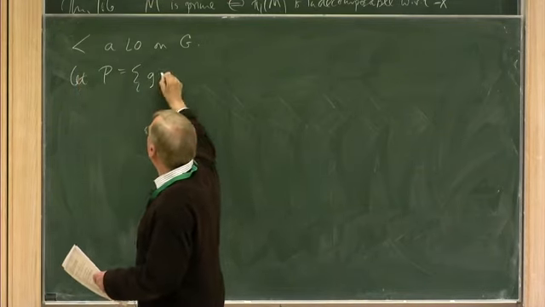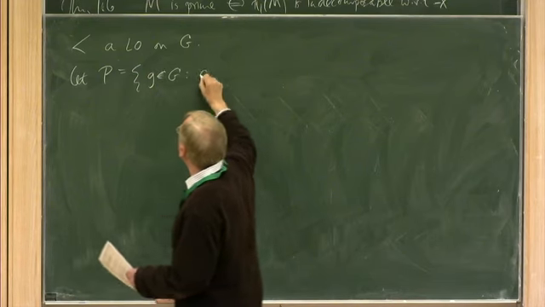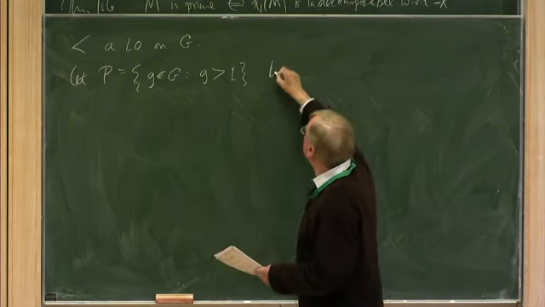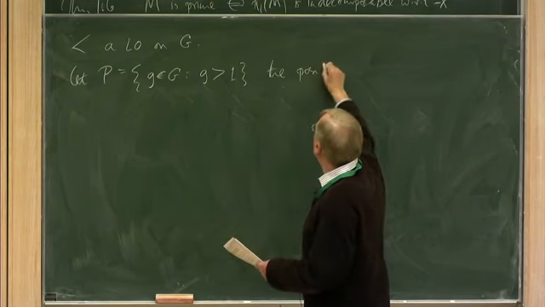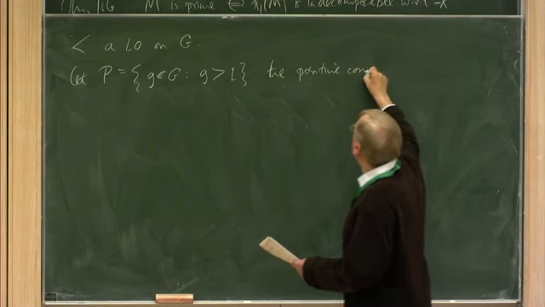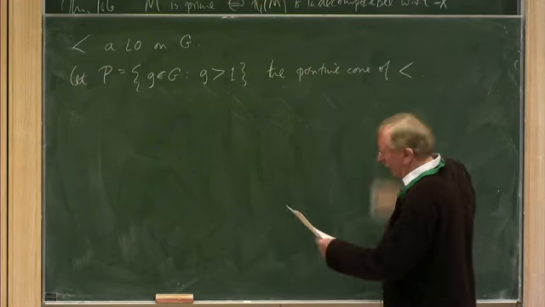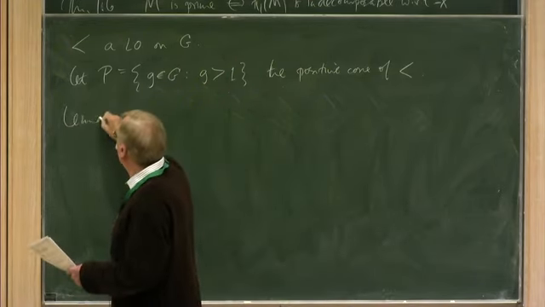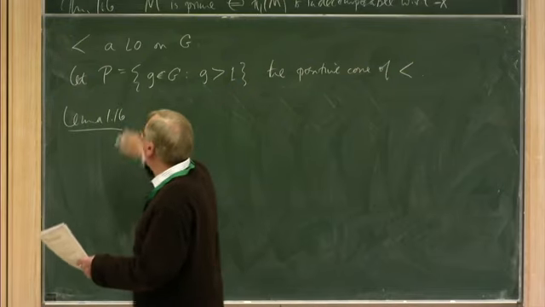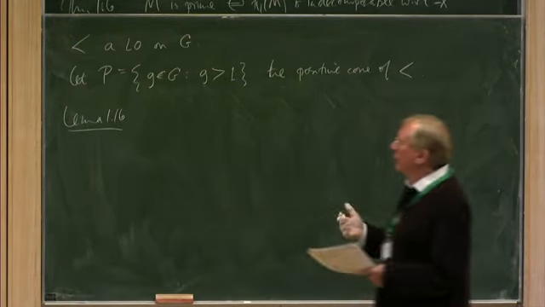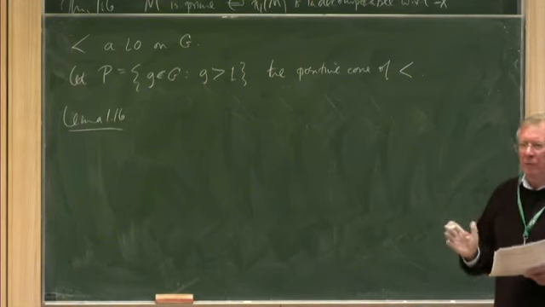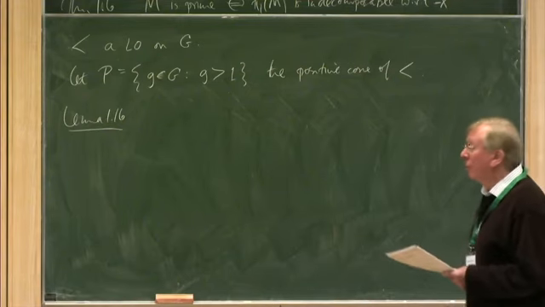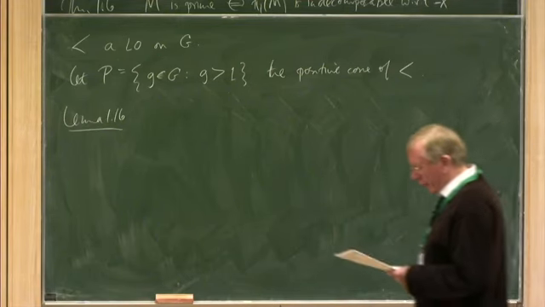It's just the set of elements that are greater than the identity. This is called the positive cone of the left order. And the point is that you can identify left orders with positive cones. So left orders are just particular subsets of the group, and therefore you can topologize the set of left orders. I'll say more in a minute.